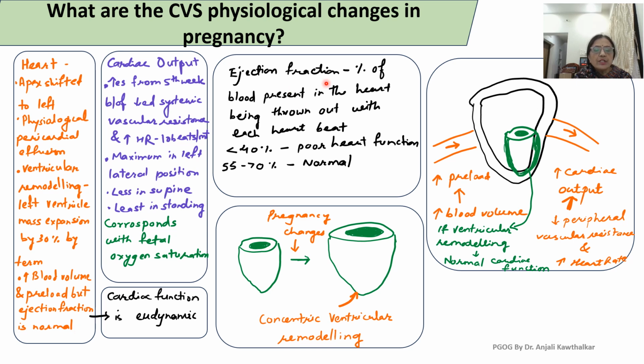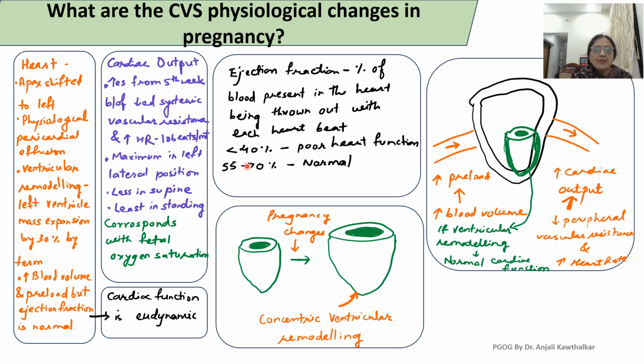So what is this ejection fraction exactly? It is the percentage of the blood which is present in the heart being thrown out with each heartbeat. During contraction, whatever is the amount of blood present in the heart, out of which how much is getting thrown out into the systemic circulation with each heartbeat, that is ejection fraction.